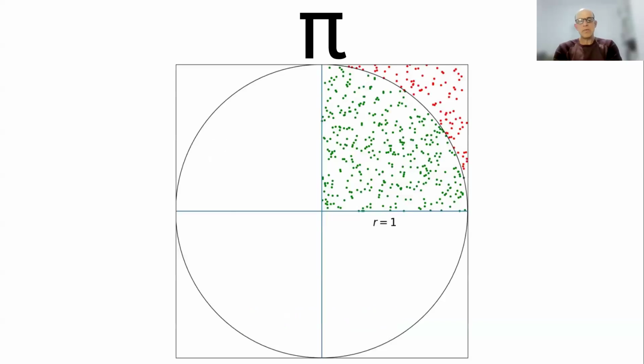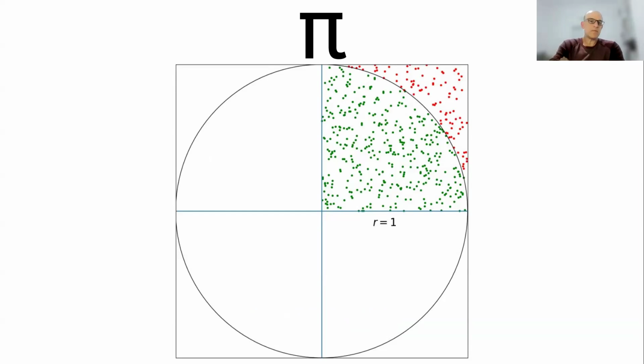Okay, the next thing we're going to do is pretty interesting. We're going to calculate pi, again, randomly. The way we're going to do it is we're going to take a circle which has a radius of 1. And now we're going to concentrate only on the top right square, which is the bounding square for this circle.